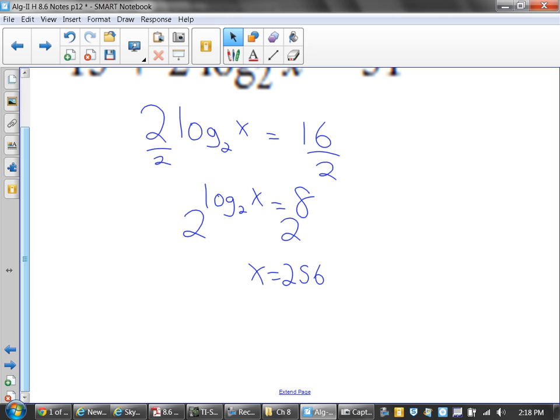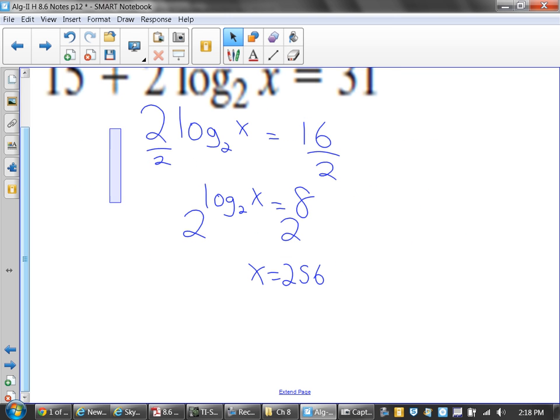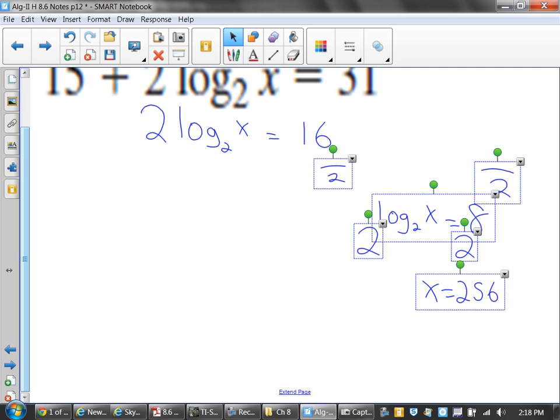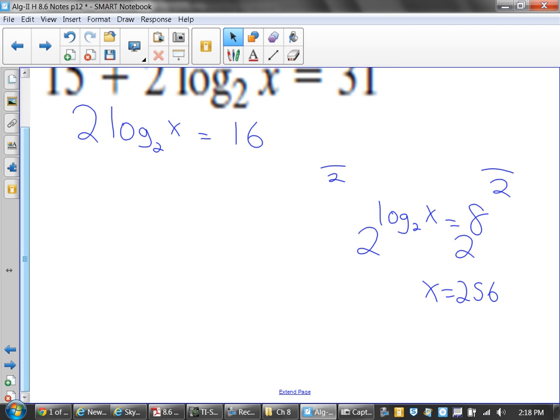Now, if you solved that in your head earlier, the other one, if you wrote this out using the condensed formula, this is the same thing as saying log base 2 of x squared is 16. Do you agree? Yes? Okay. I would have to exponentiate both sides. Same thing.